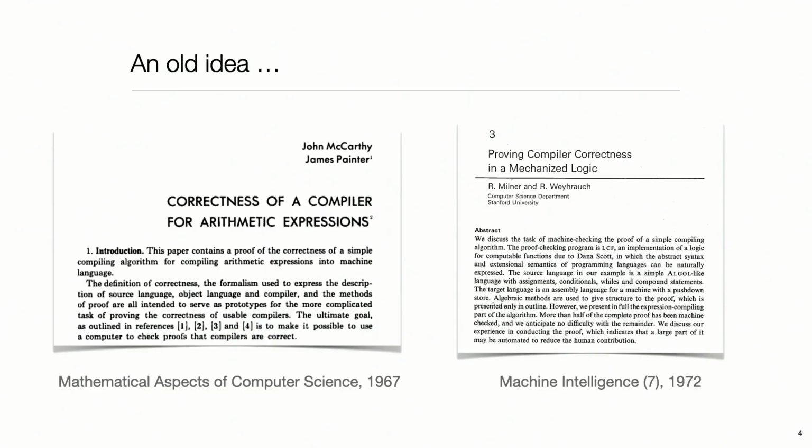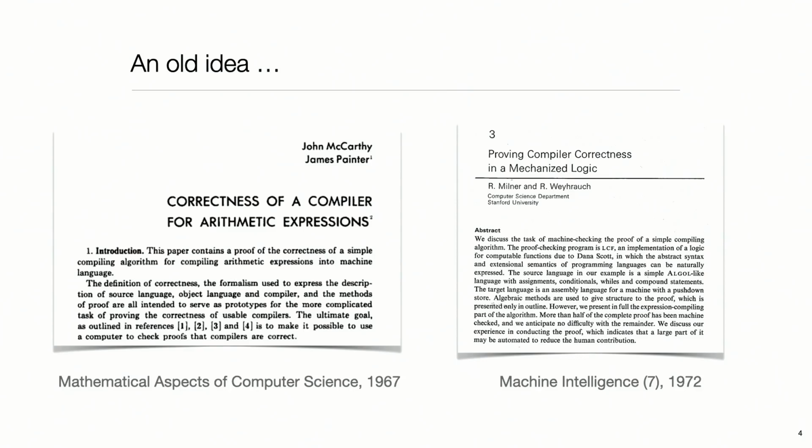This idea of verifying a compiler in this way is not new at all. It was published 55 years ago in a visionary paper by McCarthy and Painter. In this paper, they explain how to compile a toy language with arithmetic expressions into a small machine language with stack instructions.